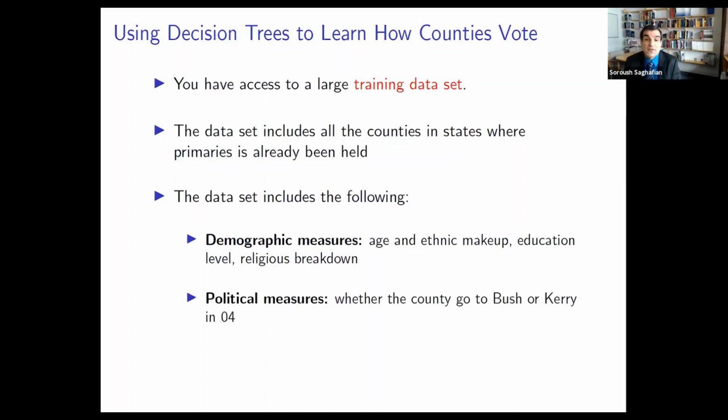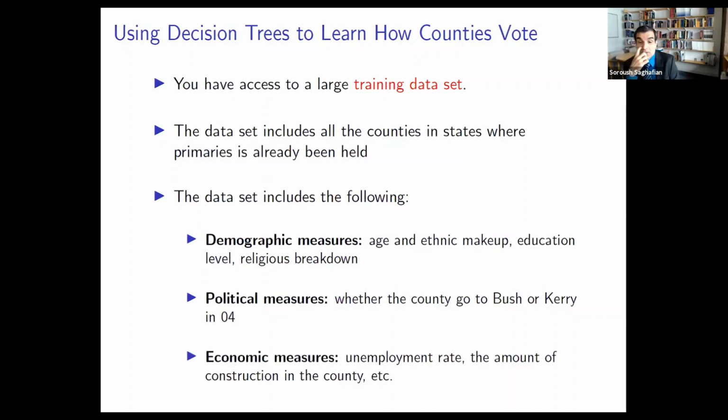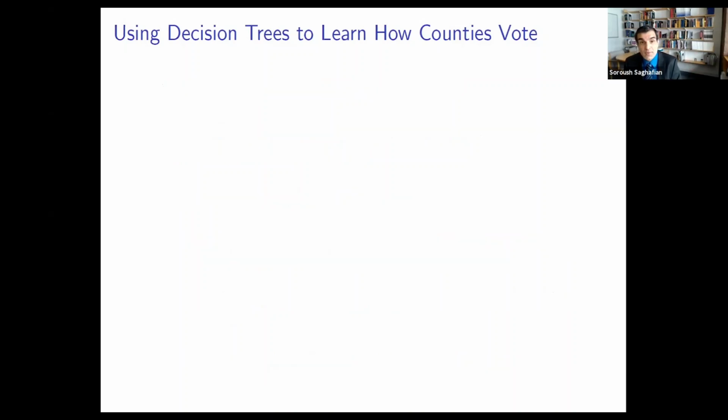You also have a lot of political measures, things like whether the county voted for Bush versus Kerry in 2004. And you also have a lot of economic measures, things like the unemployment rate of each county, the amount of construction that is going on in each county, and so on and so forth. So a lot of information in that training data set.